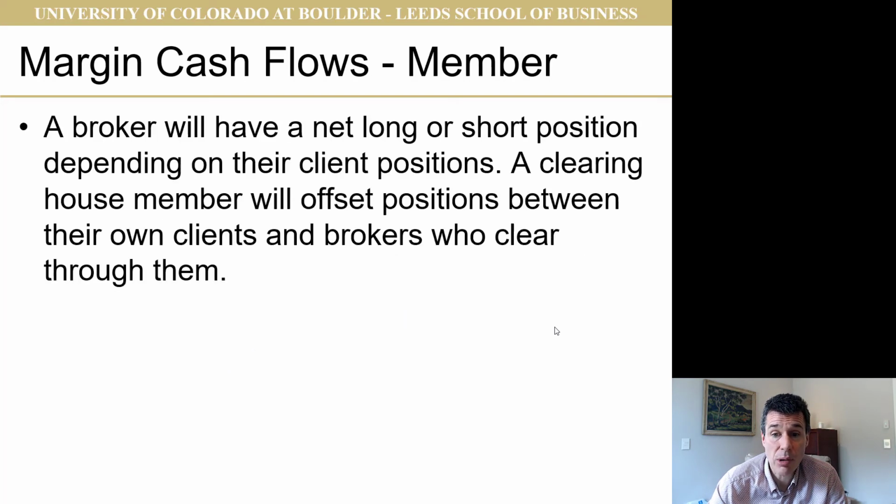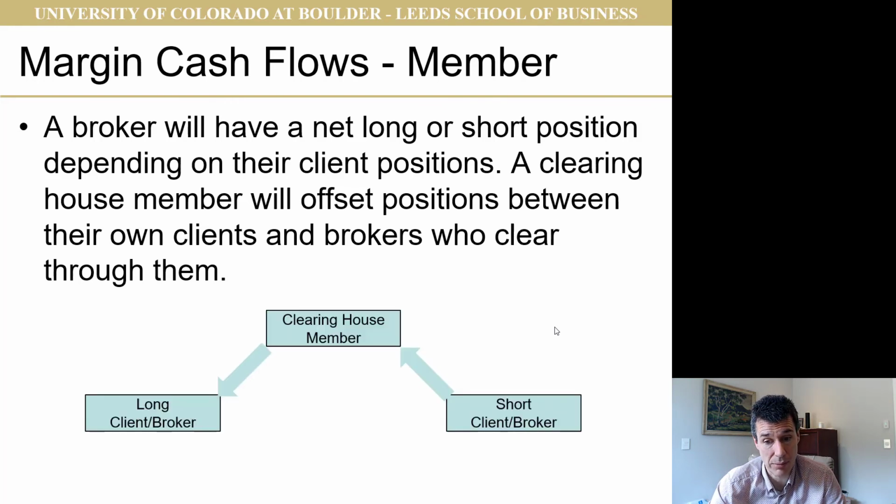Now, the broker will have a net long or short position depending on their clients. Some of their clients will be long, some will be short. Net, we add all those up, and the broker will be net long or net short. The clearinghouse member will offset positions between their own clients and brokers who clear through them. So again, on that same trade, the person who's short lost money, the person who's long made money. These funds flow through the clearinghouse member.